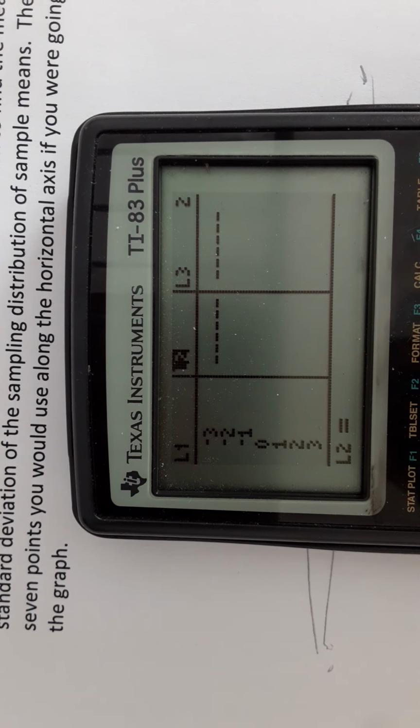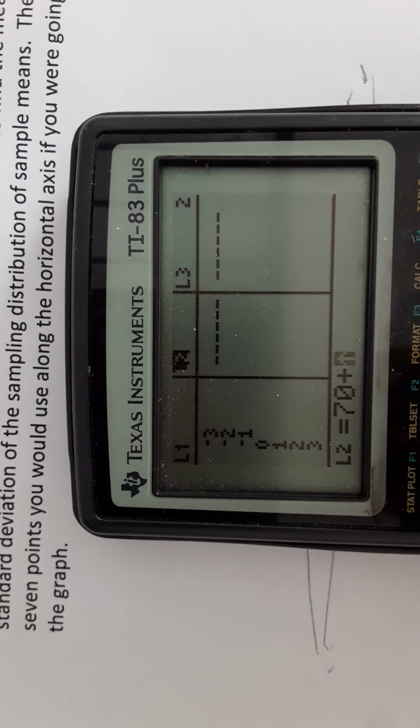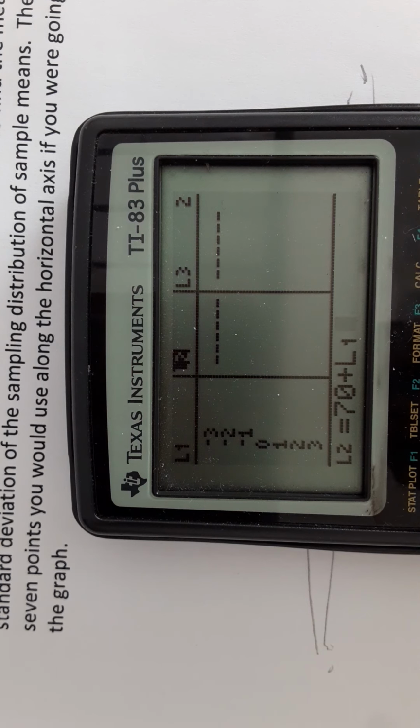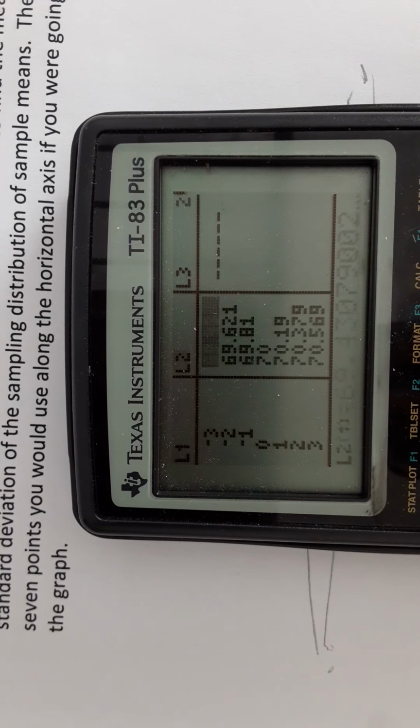The formula is you start with the mean, and then add to it the z-score from list 1, times the new standard deviation. What is the new standard deviation? The new standard deviation is 1.2 divided by the square root of the sample size. So I have the square root of 40, and then it populates that number right there.